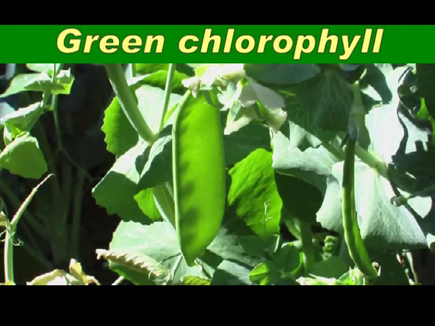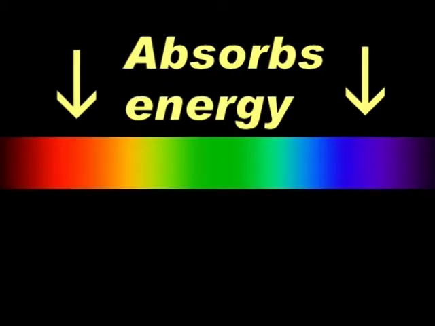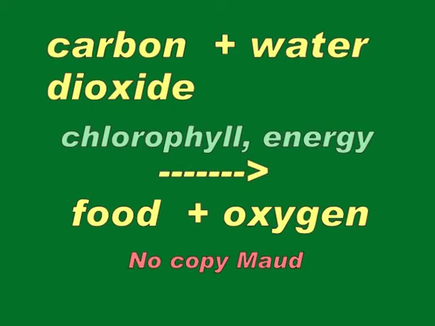The most vital chemical of life on our planet is the green chemical chlorophyll, which is found in all plant leaves. Chlorophyll has the ability to absorb the blue and red parts of white light energy and to use that energy to turn water and carbon dioxide into food.